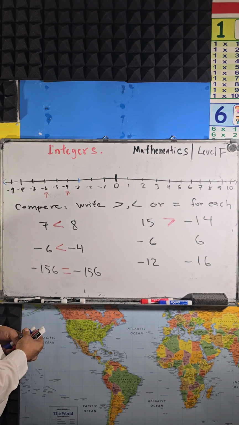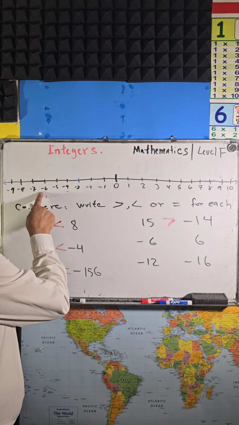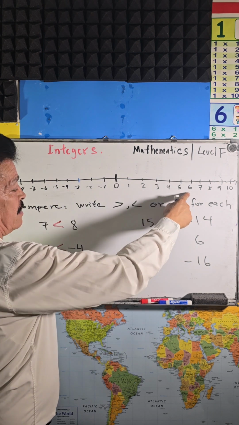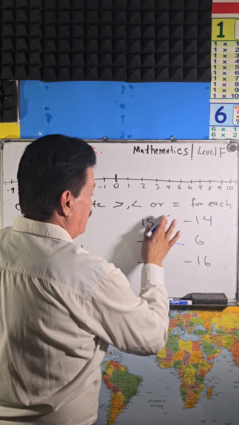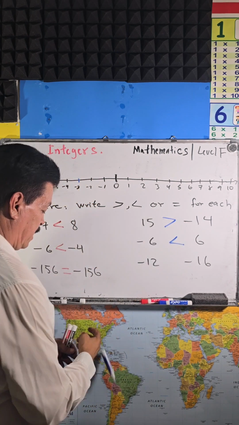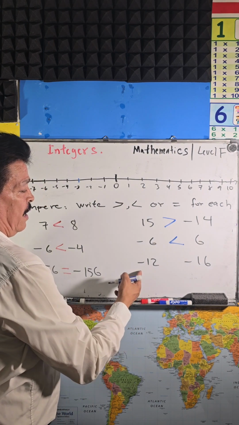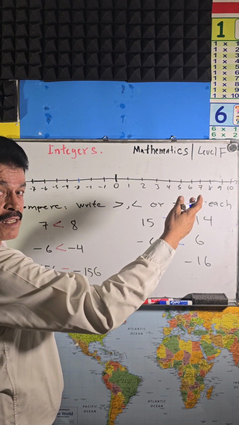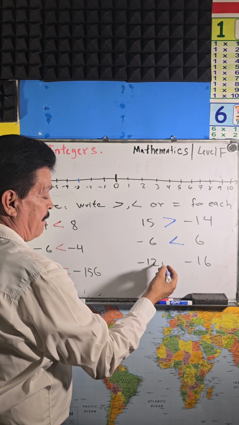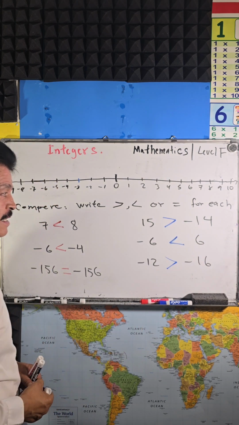The next one, negative 6 is right here, and then positive 6 is right here. So negative 6 is less than 6. All right, and then negative 12 and negative 60. Negative 12 is to the right of negative 60. So negative 12 is greater than negative 60. See?